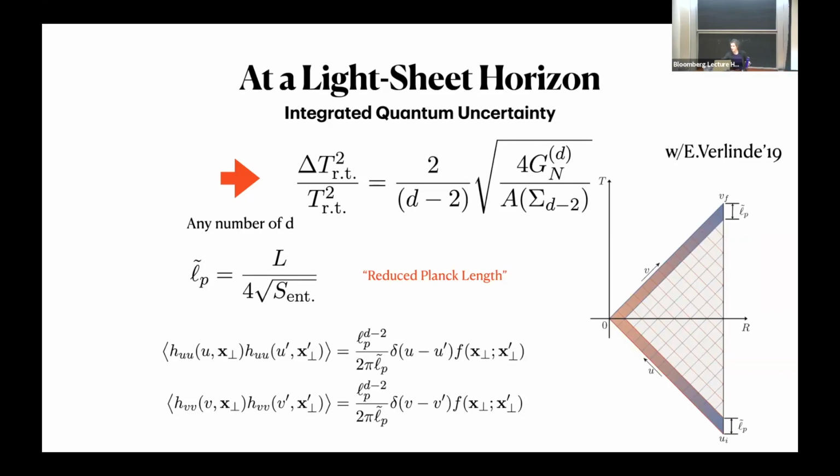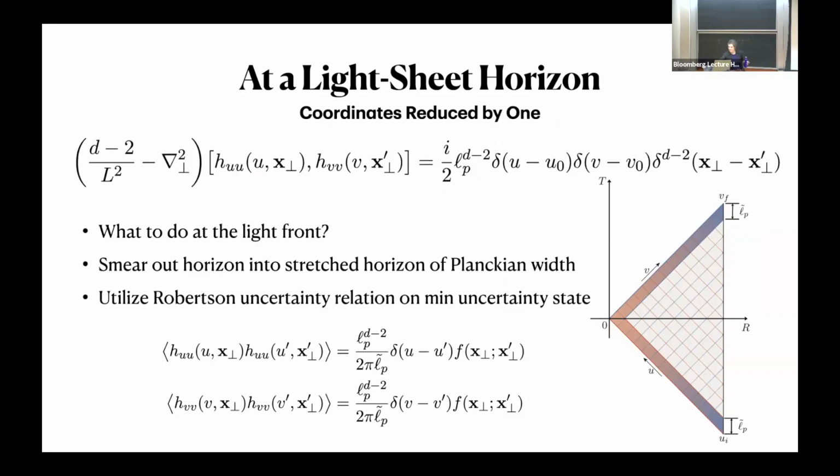Okay. So if you just think about there being the Einstein equation, one other thing is that this works from a technical point of view in the sense that I can write down the vacuum Einstein equation, set it equal to 0, and then say, okay, I'm going to put in a noise term, which, if I'm working in 4 dimensions, is just a 4-dimensional delta function. And then, what do I do at a light sheet horizon? Well, what you can do is to say that the light sheet horizon has some quantum width.